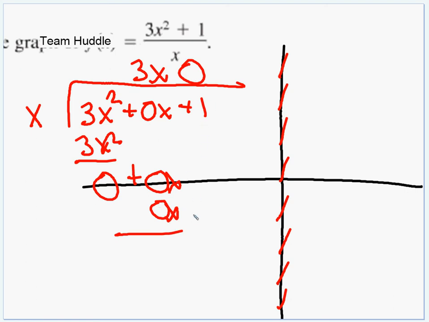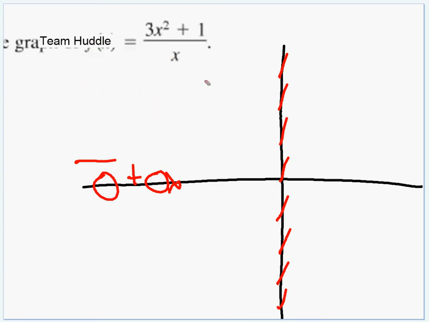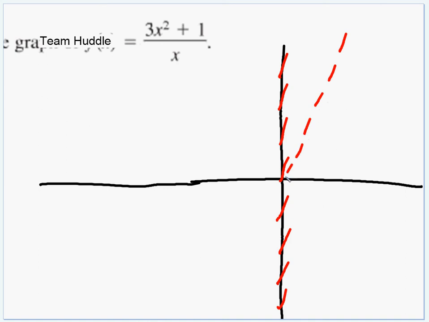And we would have a remainder, but the thing is, this is our slanted asymptote, y equals 3x. So y equals 3x is our slant. So I'm here at the origin, up 3 over 1. It's going to be a pretty darn steep slanted asymptote.